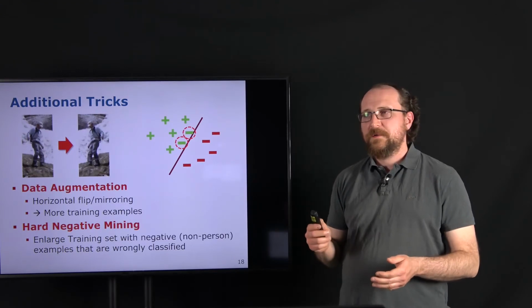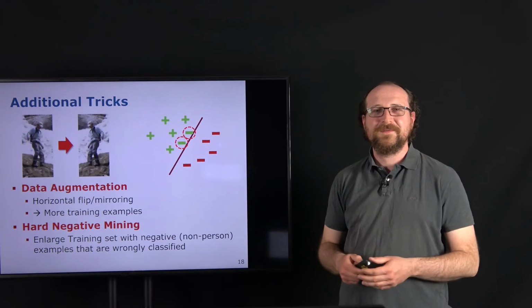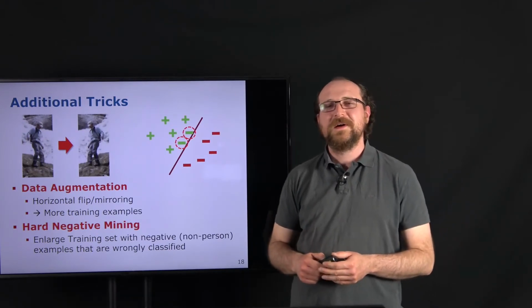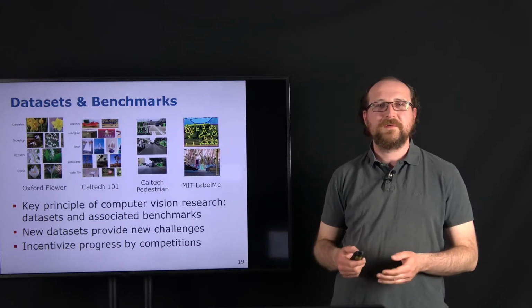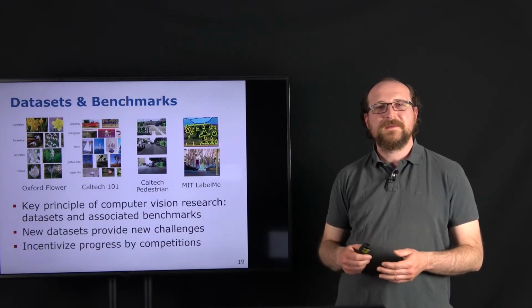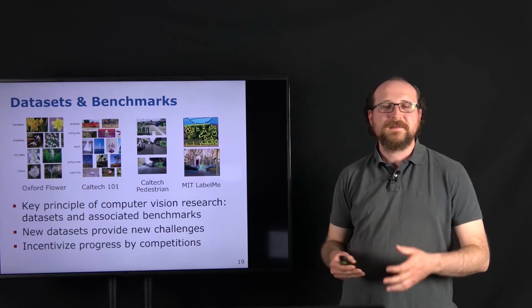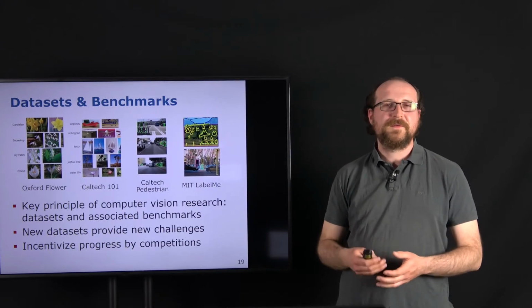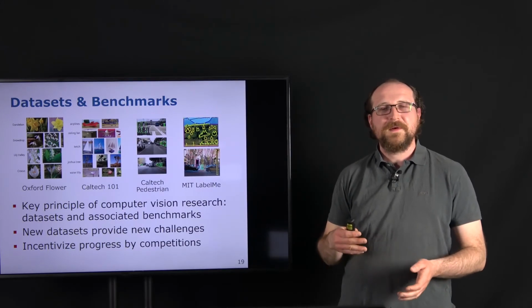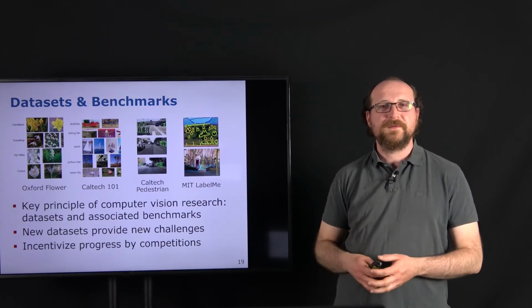So these are basically the hallmarks of the feature engineering that we discussed now. But an important part of this whole story is that this progress was mainly driven by datasets and benchmarks. The key principle of computer vision research is that we have datasets and associated benchmarks that are driving the progress, so to say.